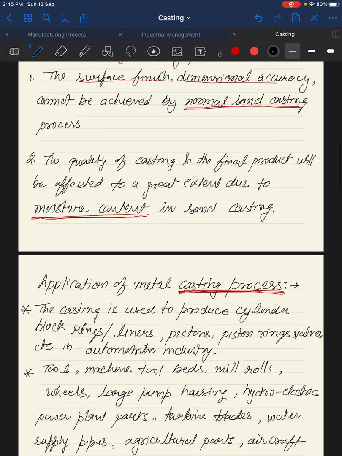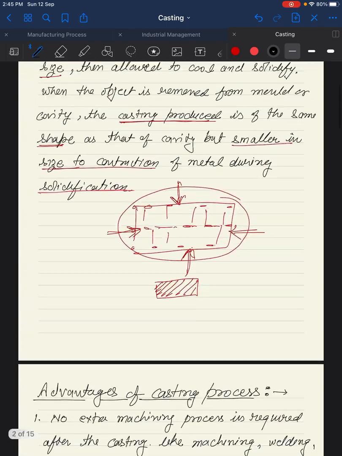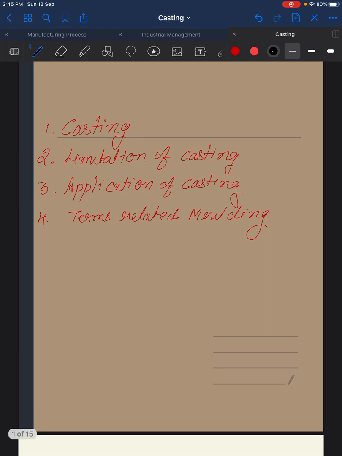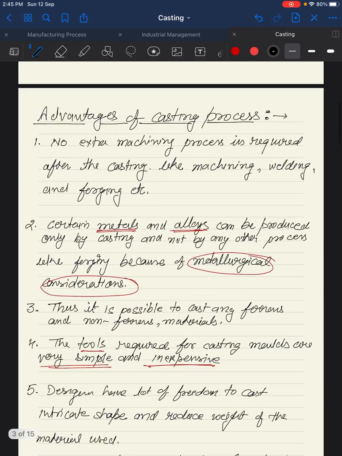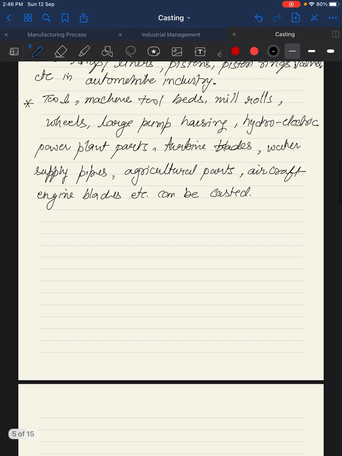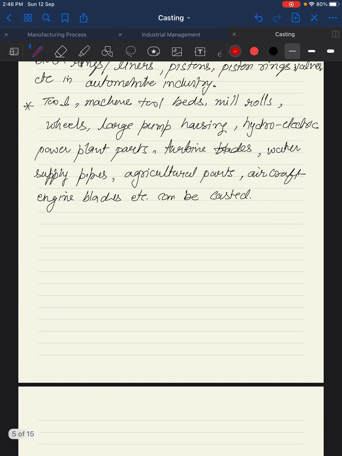So in this lecture we have already discussed casting definition, limitation of casting, application of casting, and the thing left is terms related to molding. So let's go for the last subtopic of this lecture, terms related to molding.